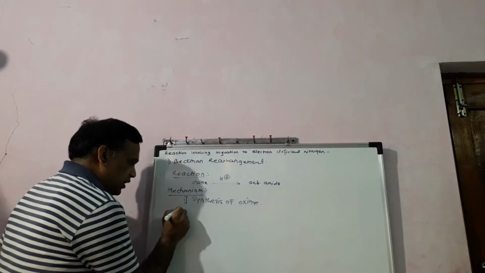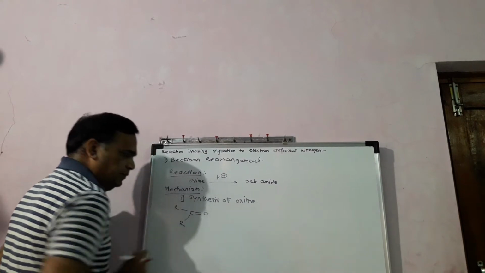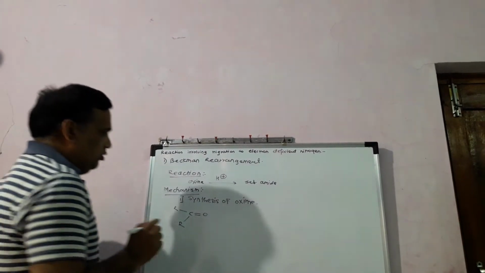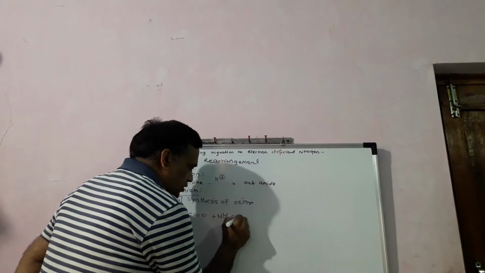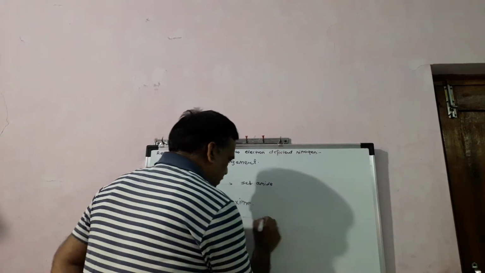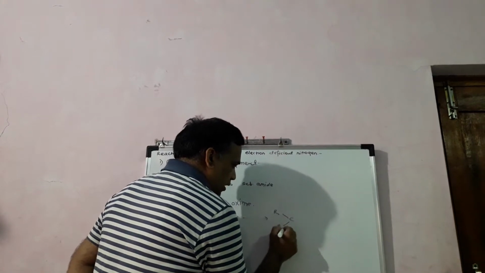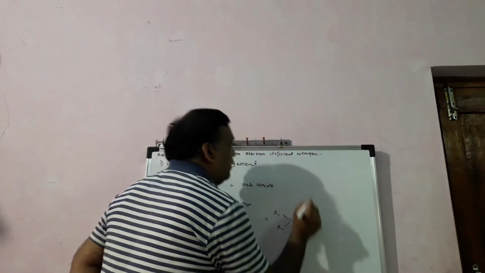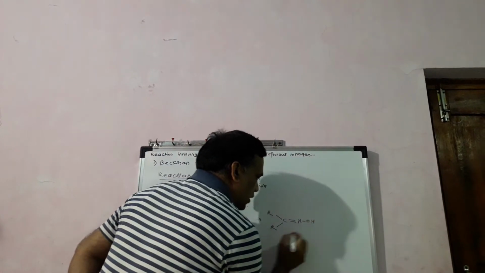So I have taken the general reaction of it, R, C double bond O, R as the parent molecule, and by reacting it with NH2OH, I get the oxime, R, C, R, double bond N, OH. It is the oxime.